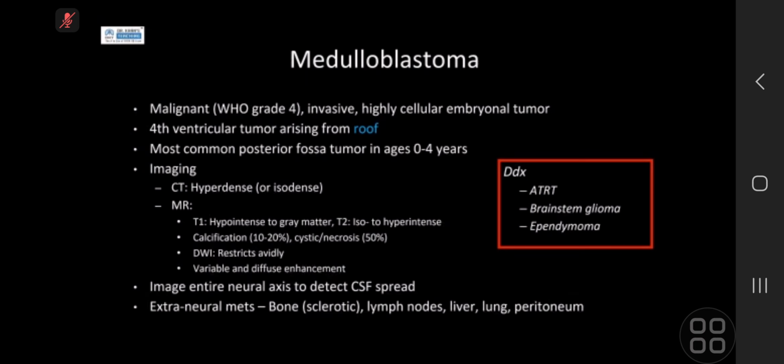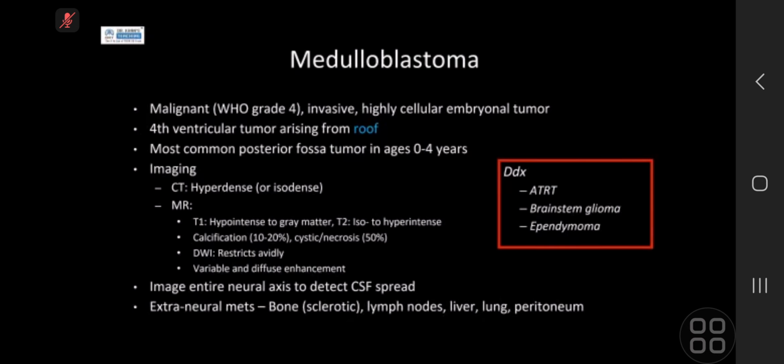There's the WNT subtype, the sonic hedgehog subtype, group 3 and group 4. It's not something they'll ask you, but it explains why sometimes medulloblastoma can look very heterogeneous. That's because there are different subtypes and, of course, different prognoses as well.